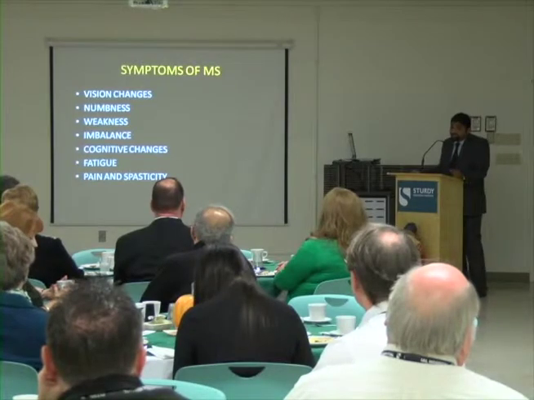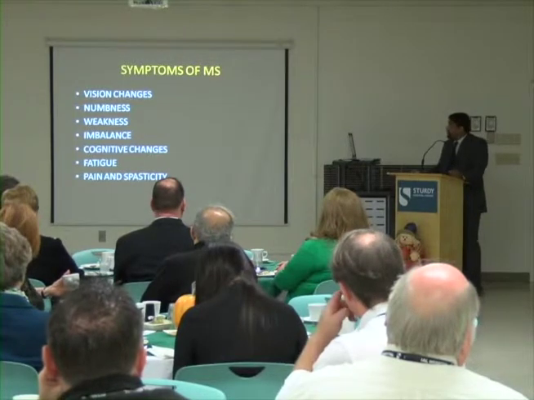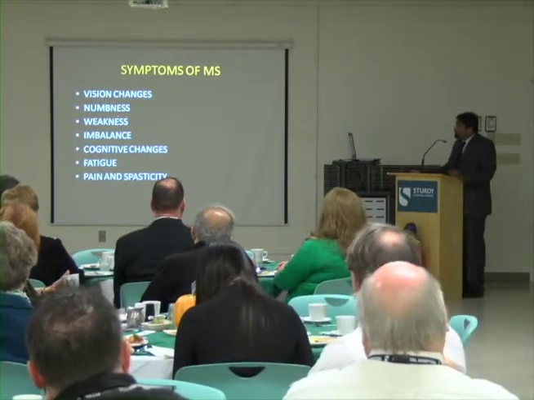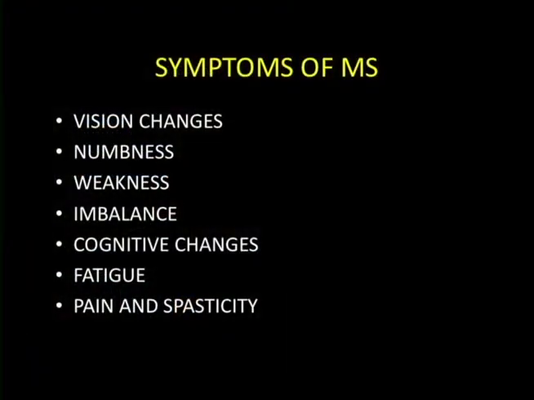They can have decreased vision, they can have double vision. Patients may have numbness or weakness or imbalance. Again, this is due to impairment of transmission of information either to or from the brain. And that is due to the influence of the disease on the spinal cord or the brain itself.